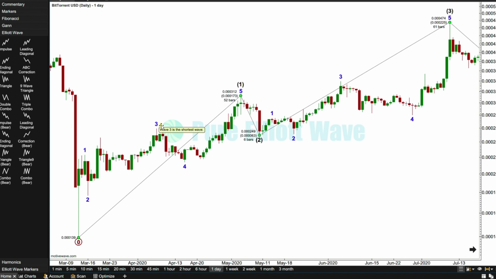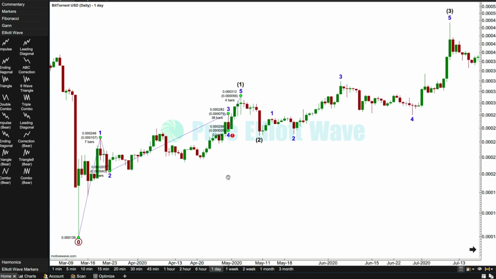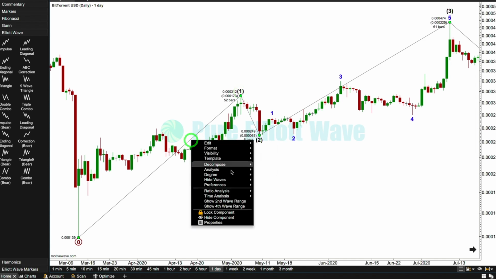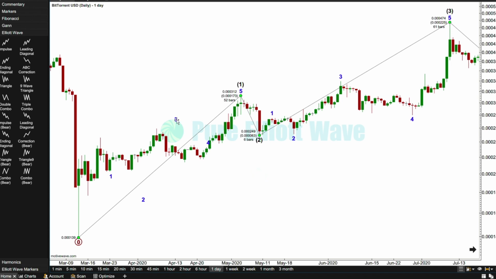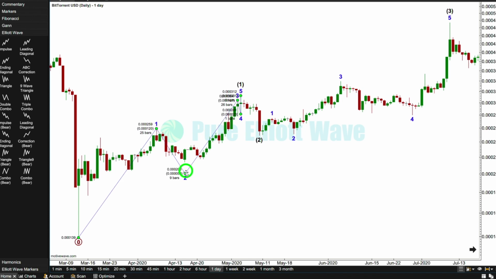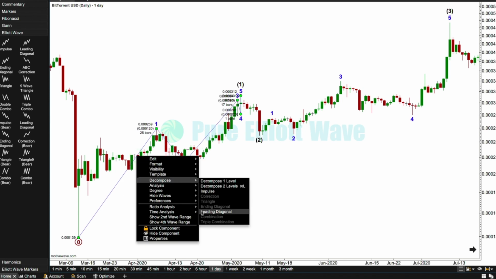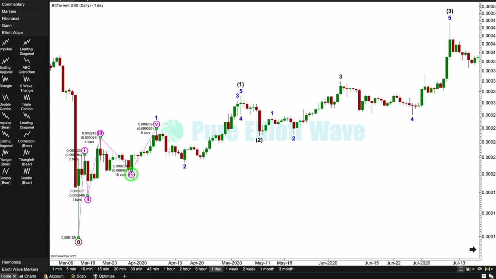And now 4 doesn't overlap 1. That doesn't work. Okay, what if you have this up here? I don't know. It doesn't work because the third wave is too long.